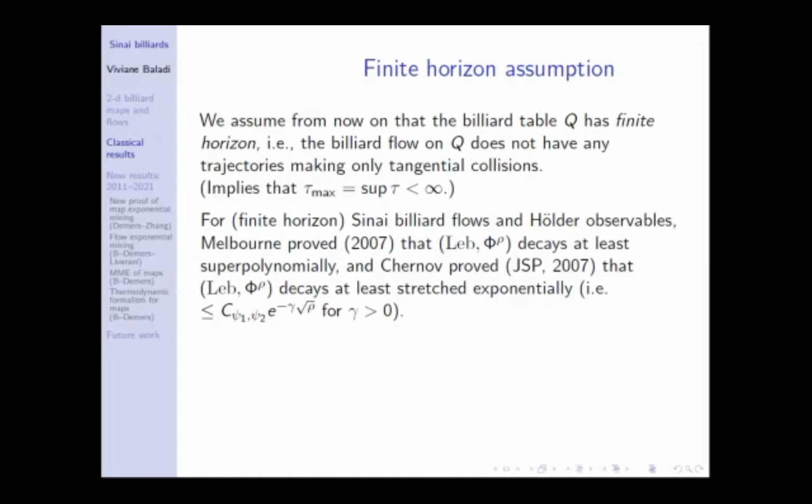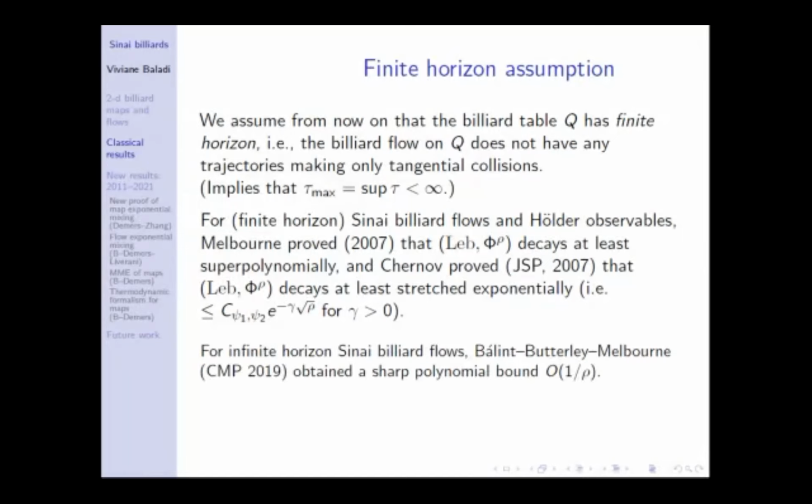And we add this assumption, and with this assumption, until a couple of years ago, the best known result was faster than any polynomial, and a little bit later, a slight improvement, stretched exponentials, like e to the minus square root of the time.